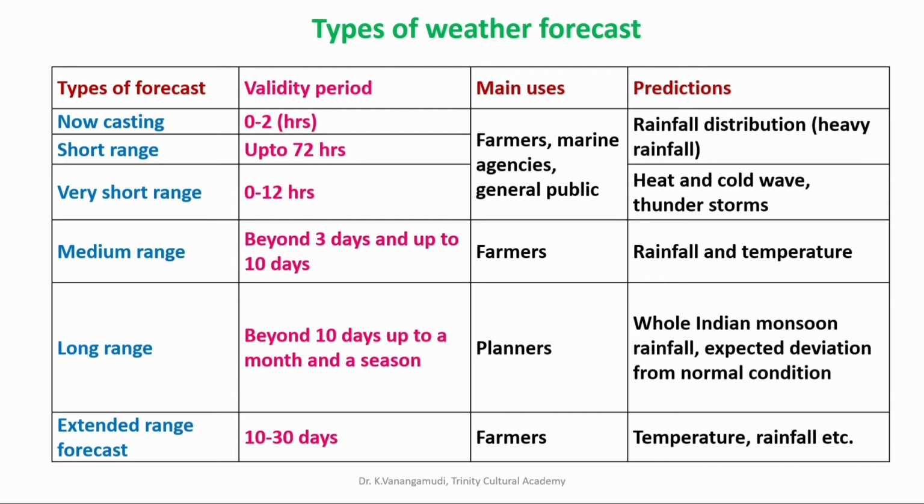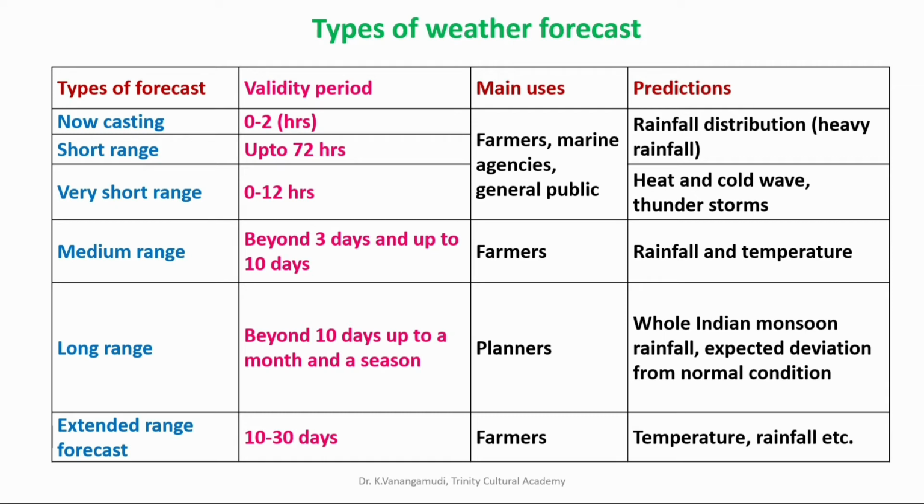Medium range of forecast is for beyond 3 days and up to 10 days, which is important for farmers, and rainfall and temperature are exclusively forecasted. Fifth type is long range forecast, which is forecasted beyond 10 days up to a month and a season.